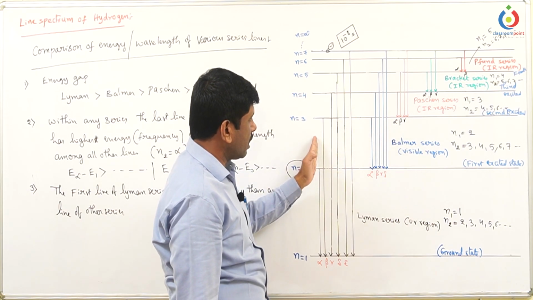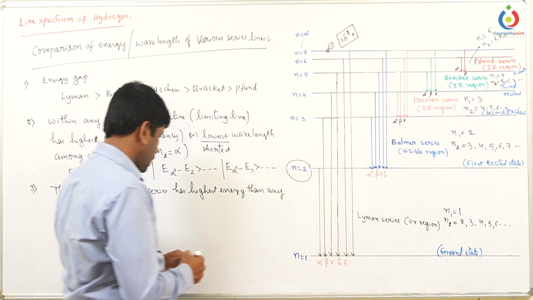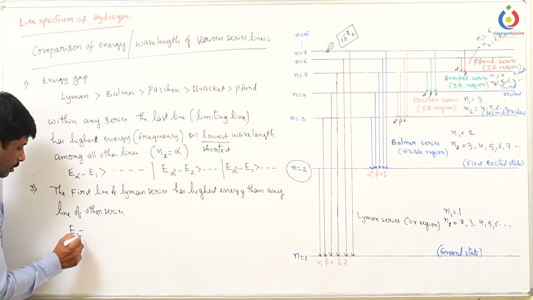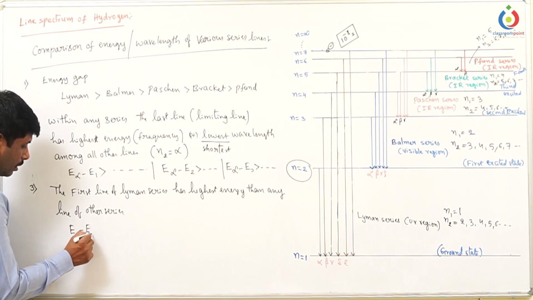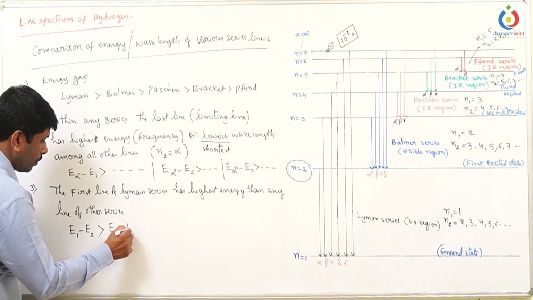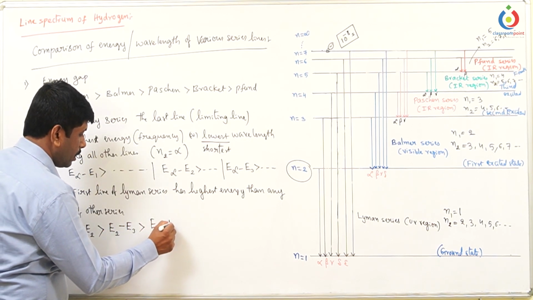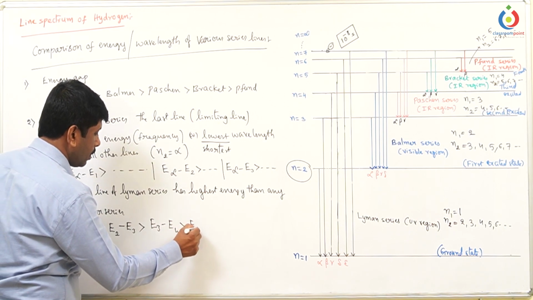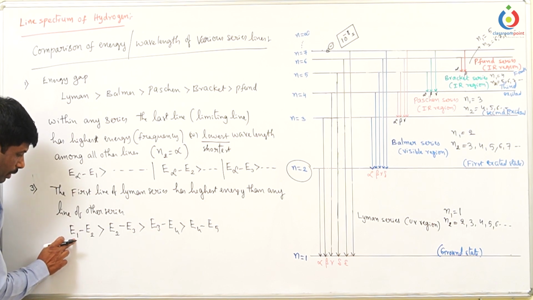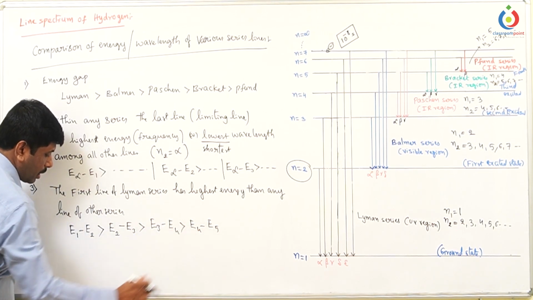That means automatically the second energy is more than this one, the third energy is more than any other. That means here you can say that E2 minus E1 is greater than E3 minus E2, which is greater than E4 minus E3, which is greater than E5 minus E4. See, this is the first line, the 1 to 2 gap. This is the highest energy compared with any other transitions.